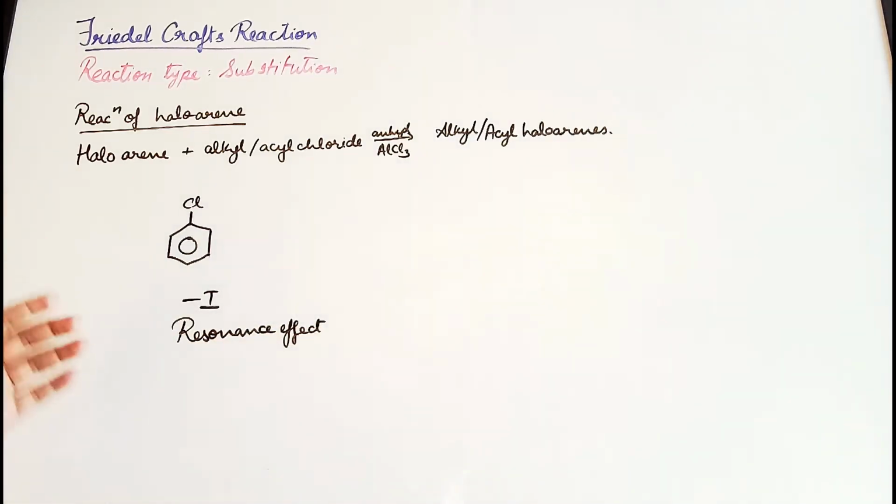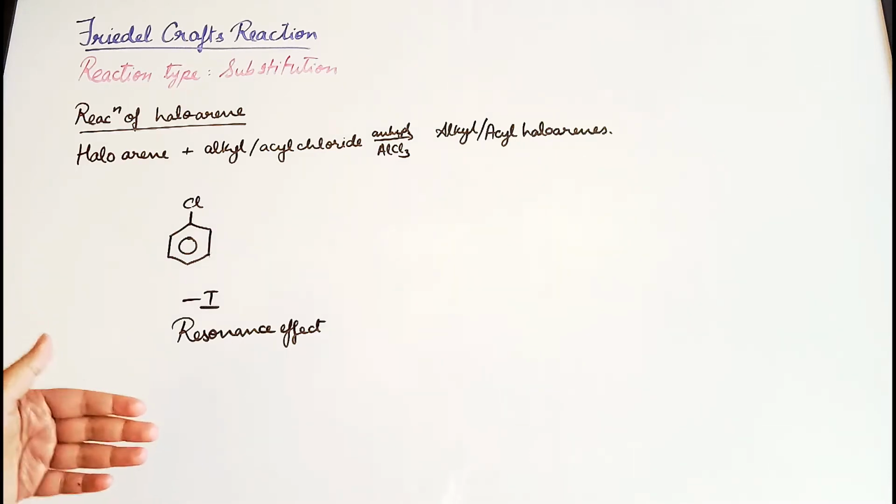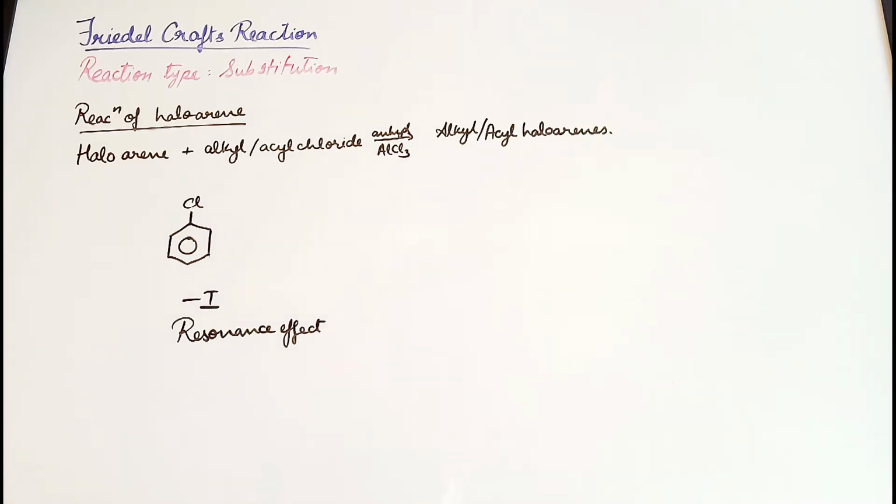Since resonance effect takes precedence, halogens are ortho-para directing, but they are a ring deactivating group. That is why in all the electrophilic substitution reactions of haloarenes that you would have learned, ortho and para substituted products are the ones which are formed.